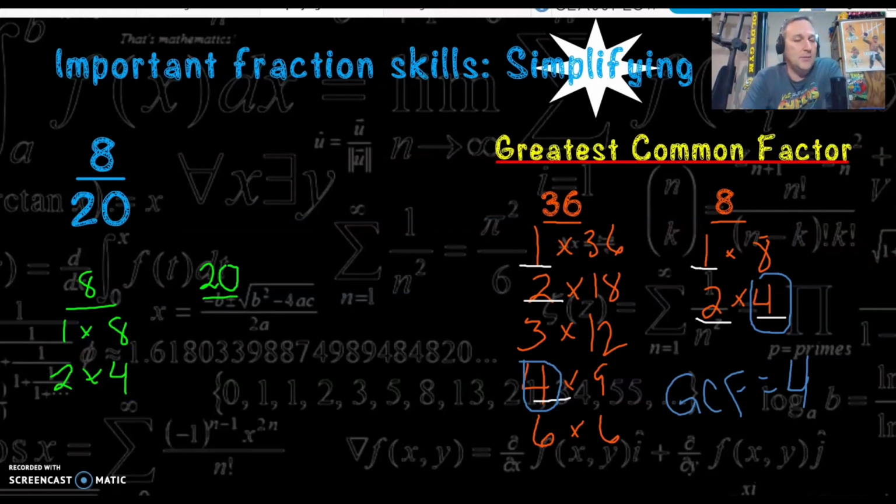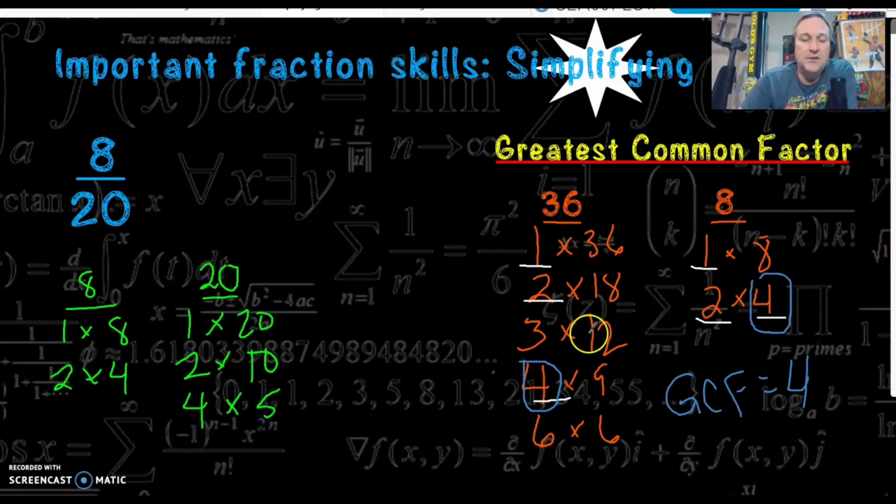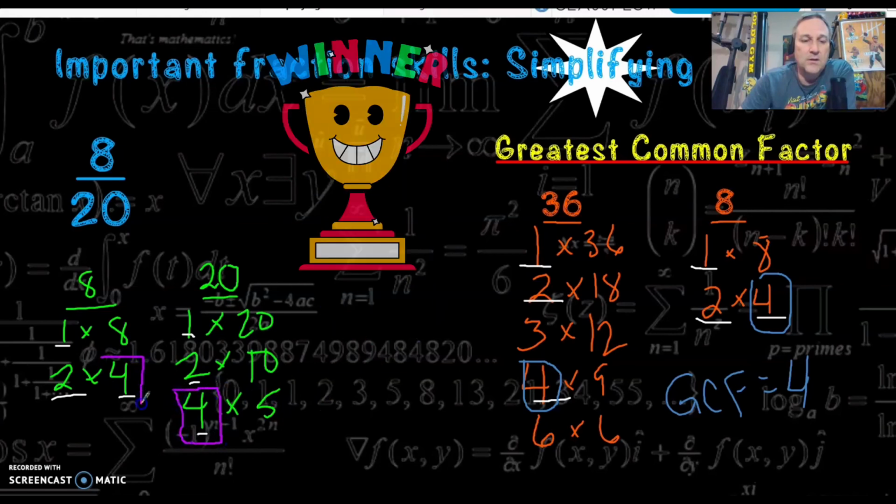A lot of you have probably already seen it. For 20: 1 times 20, 2 times 10, 4 times 5. Do you see the biggest number they have in common? They have a 1 in common, a 2 in common, and a 4 in common. And the biggest one of all of them is, of course, 4.